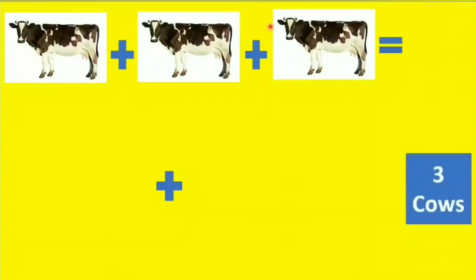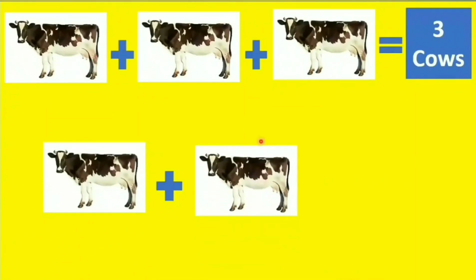Now, we will be discussing similar and dissimilar terms. So see, here you can see a picture of 3 cows. One cow, another cow, another cow. If you add these cows, then what will be the result, students? Yes, it's 3 cows.